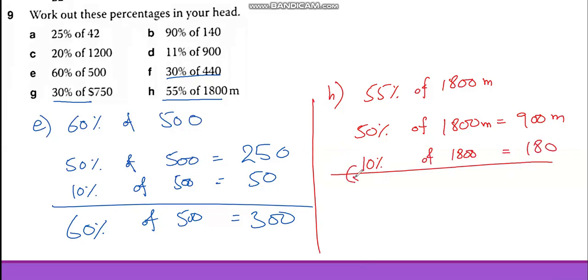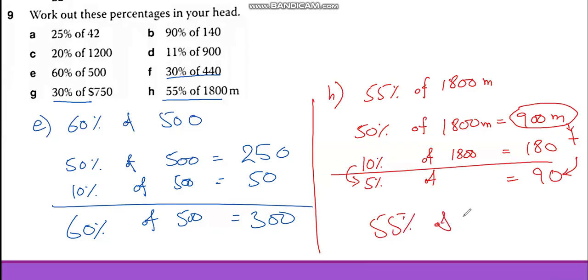And for 5%, we can further halve 180 because 5% is half of 10%. So half of 10% will be 90. So let's add 50% and 5% together to get 55%. So in total, 55% of 1800 will be 990 meters.